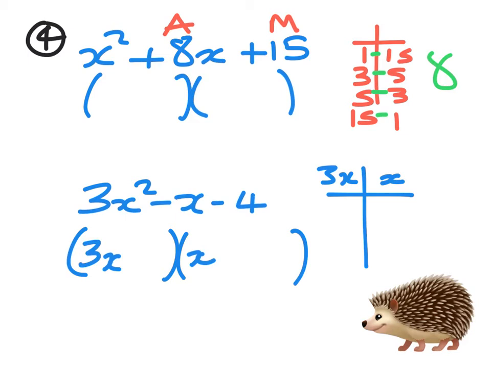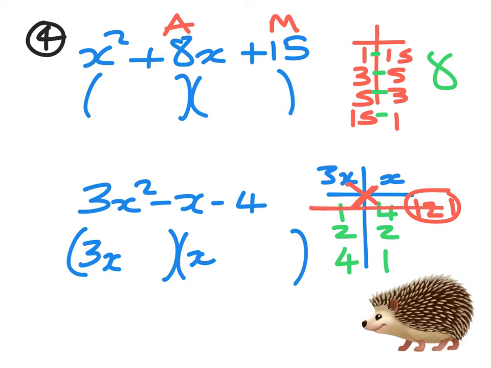And we know that that is either 1 times 4, 2 times 2, or 4 times 1. And then if we do a little bit of cross multiplying, 3x times 4 is 12, 1 times x is 1. Can I use these numbers to make negative 1? Nope. So it's not going to be that one. And just go through the process until you find the one that works.